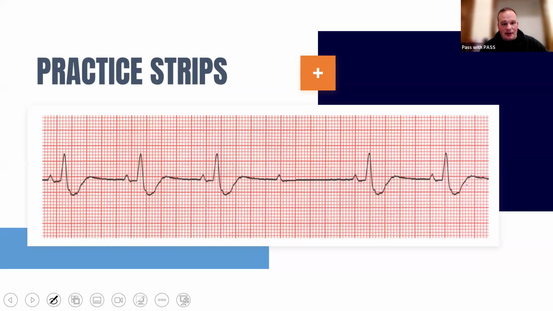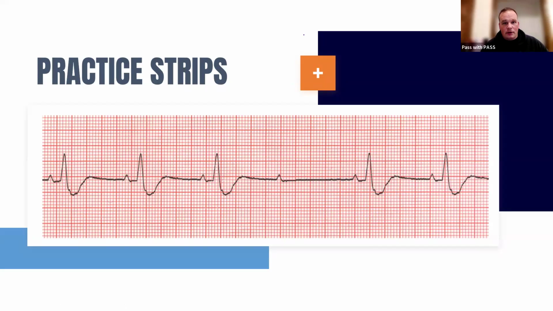The first step is recognizing I have a heart block. The second step is going to the PR interval and identifying what is it doing? What is the relationship? Is it getting longer and longer and longer until it drops a beat? Is it the same for every QRS complex, or is it all over the place?